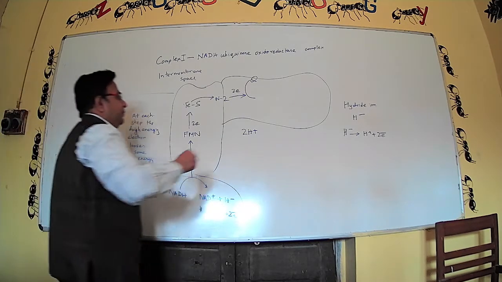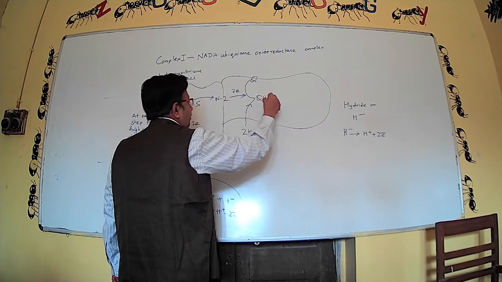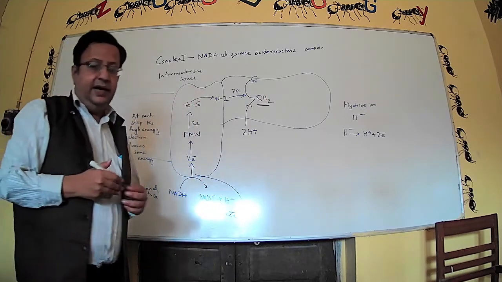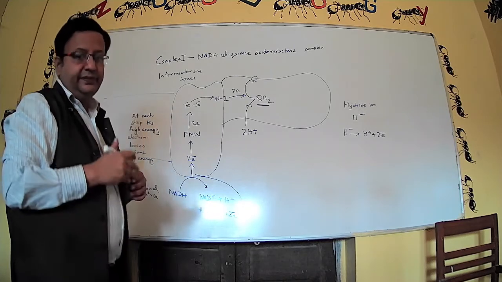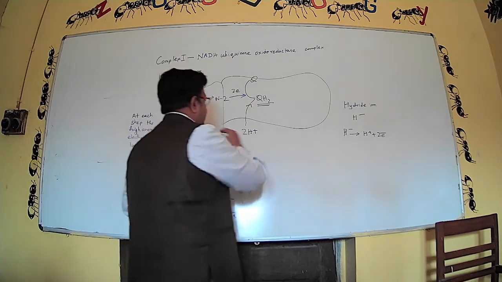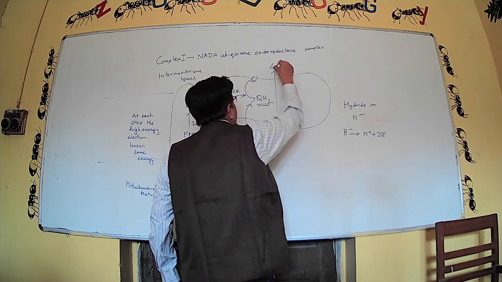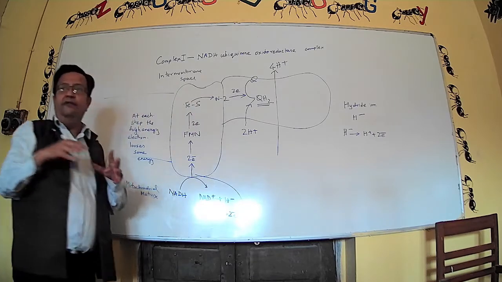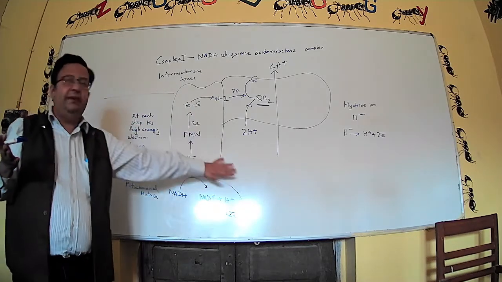Q will form QH2. It will take the electron, and at the same time, this energy which is generated, it will pump out 4H plus. Aim being to have more H plus in the intermembrane space and less in the mitochondrial matrix.